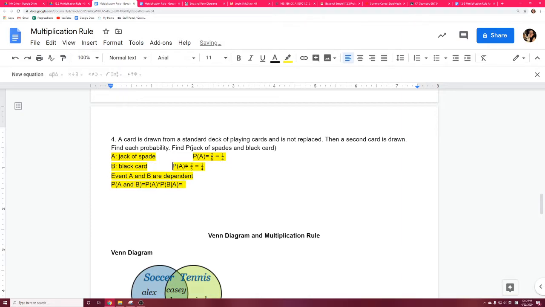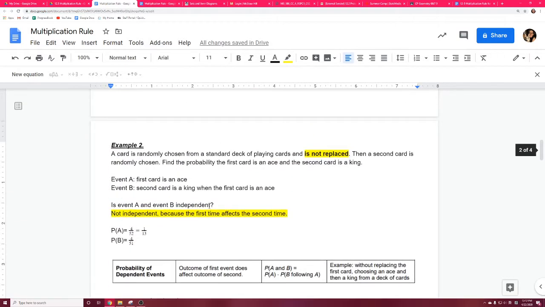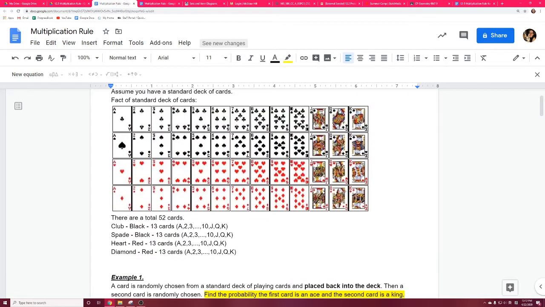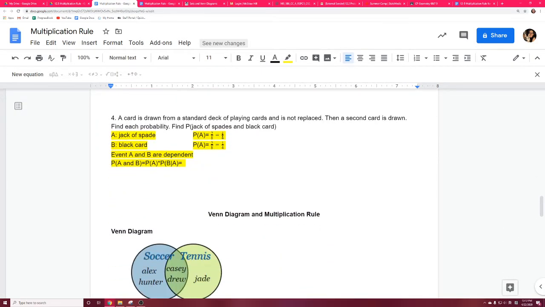So the first event, hold on, let me change this. The first event is picking a Jack of Spades. Let's go to our deck of cards again. Where is the Jack of Spades? So we're going to find the spade, this color Jack. This is the Jack of Spades. In every deck of cards, we only have one Jack of Spades. So on the top we should have 1.